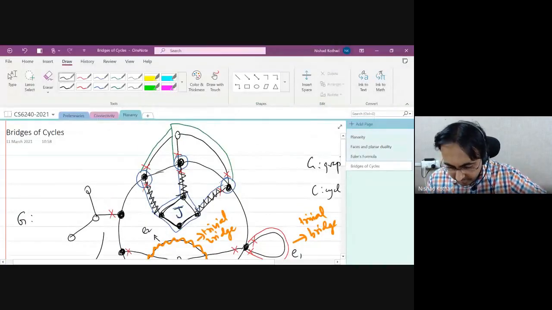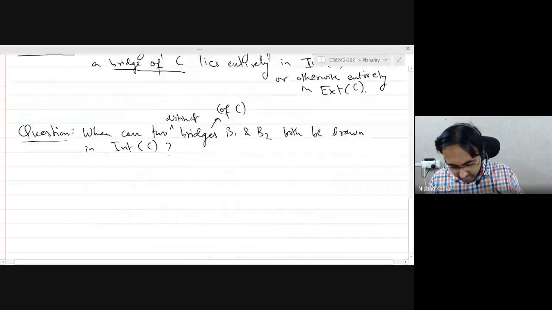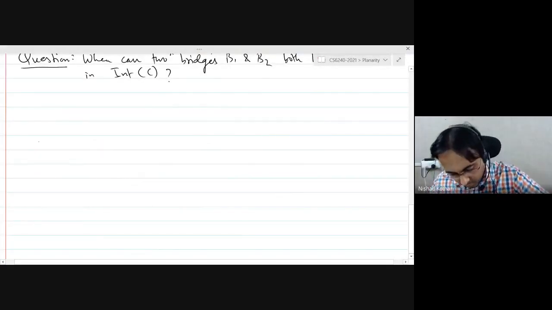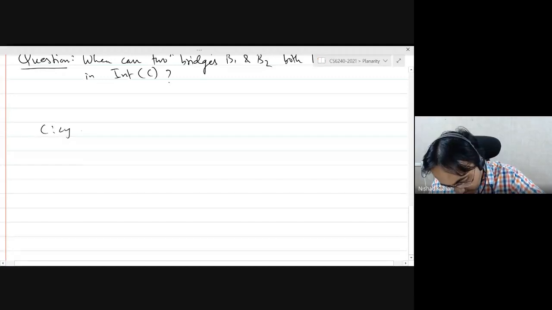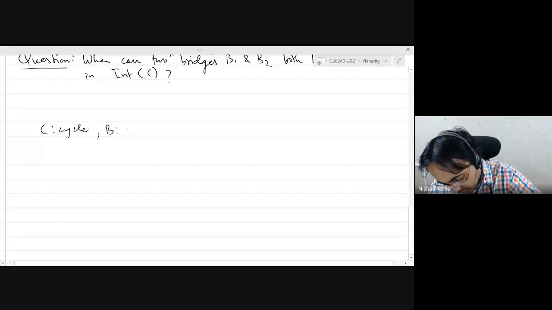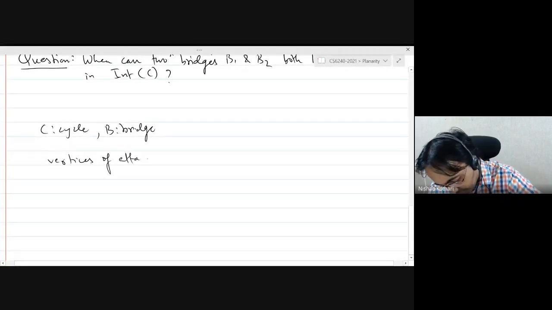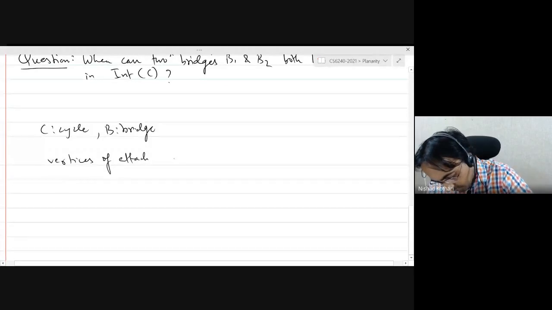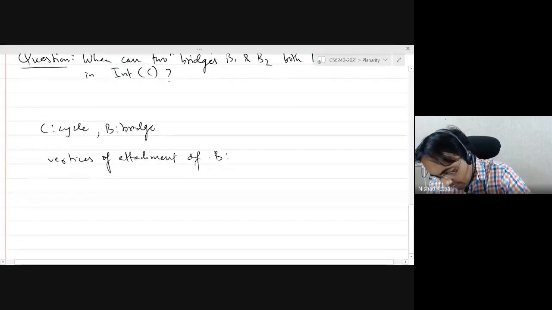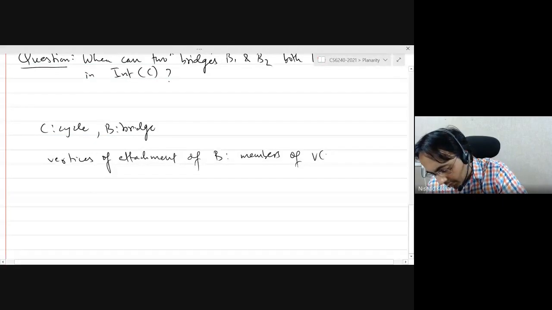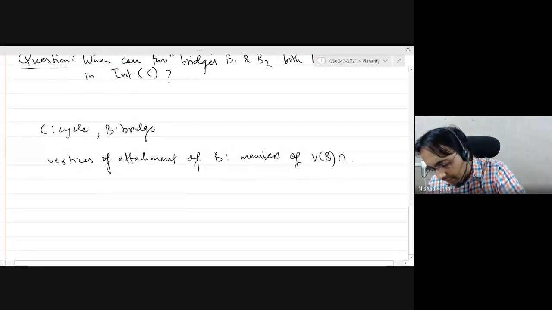So let's just put down some definitions. If C is your cycle and B is your bridge, then the vertices of attachment of the bridge B are basically the members of the bridge's vertex set intersect the cycle's vertex set.